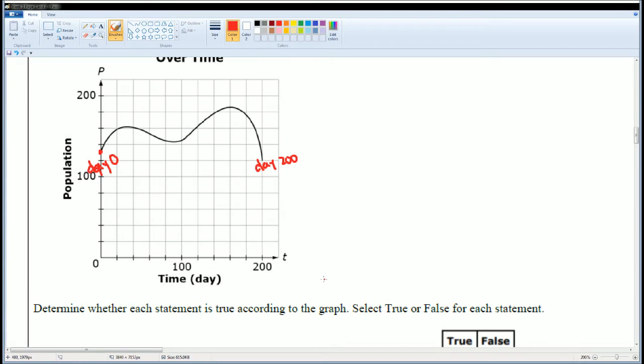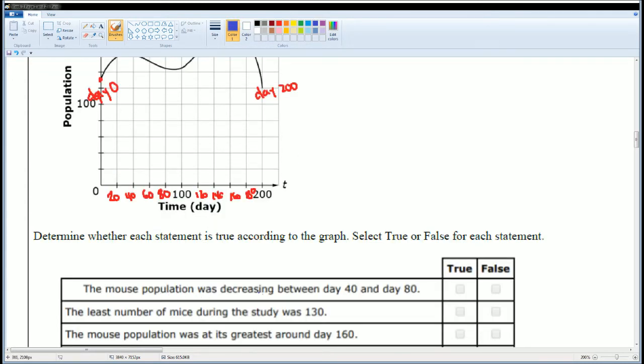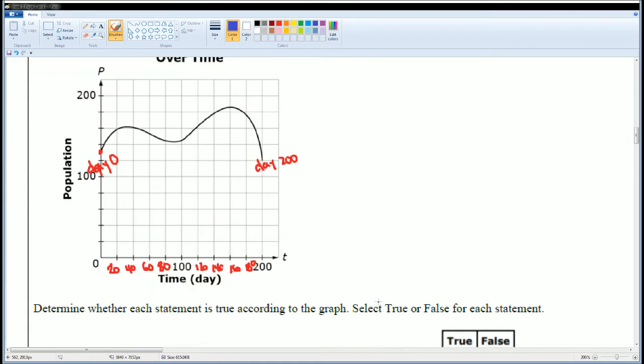So how much are they going up by? So this is 100. So this is 20, 40, 60, 80, 100, 120, 140, 160, and 180. I just wrote it to make sure I see the numbers. Okay. So let's see if it makes sense here. The mouse population decreases between day 40 and day 80. So where's day 40?